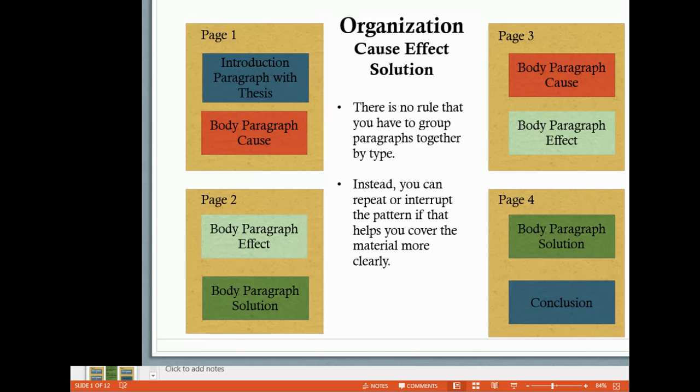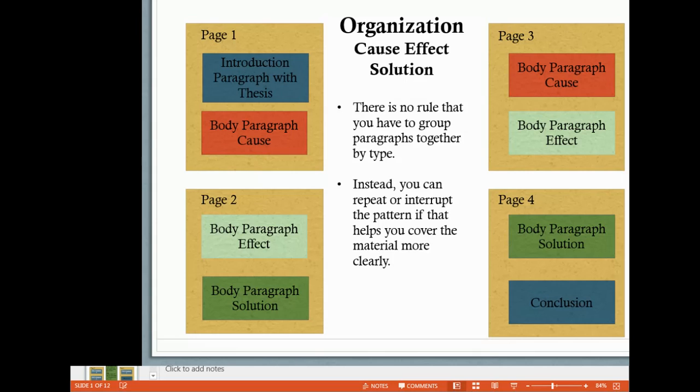So I put this one up here because I wanted to emphasize there's no particular rule about grouping the paragraphs together for sure. Like in this one, you can see I've moved through the series of cause, effect, and solution 3 different times, or sorry, 2 different times. So you can repeat, you can interrupt the pattern, whatever helps you cover the material more clearly.